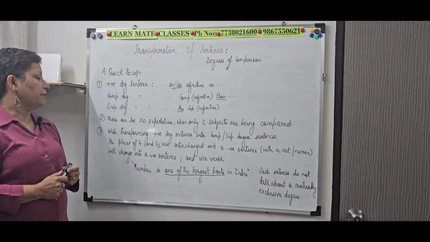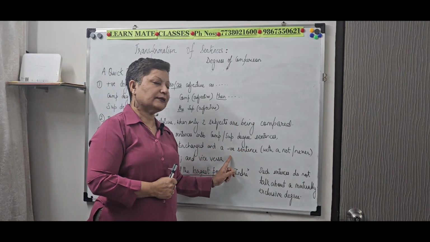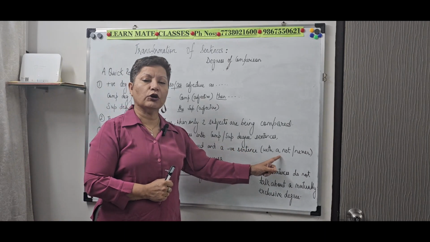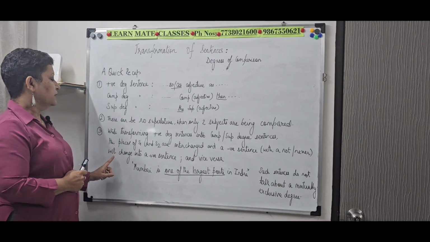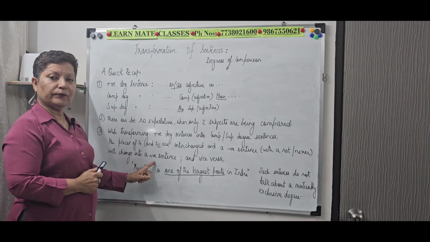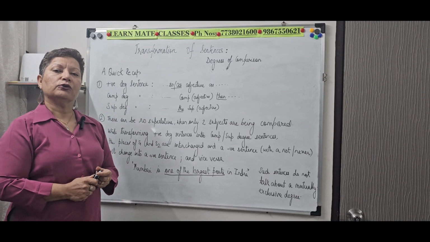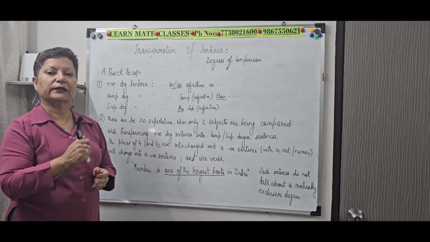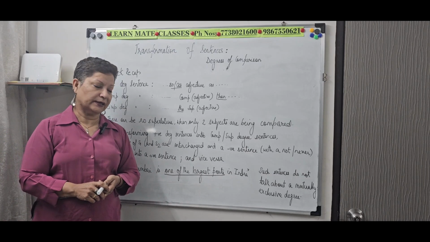And the other thing that will happen is that if the positive degree sentence is negative in nature, in the sense it has a not or a never, the superlative and the comparative will become positive sentences. Like I just told you, Harish is not as tall as Sohan. So Sohan is taller than Harish. The not has disappeared from the comparative or the superlative sentence.